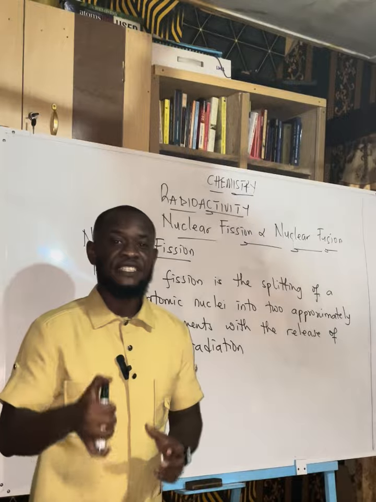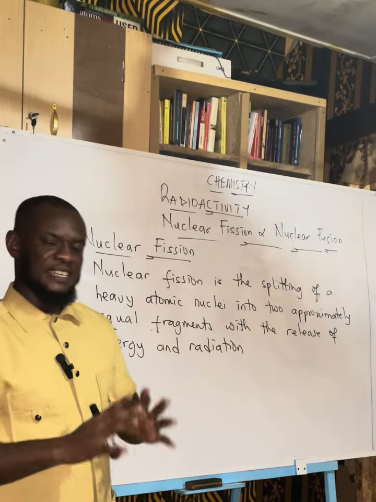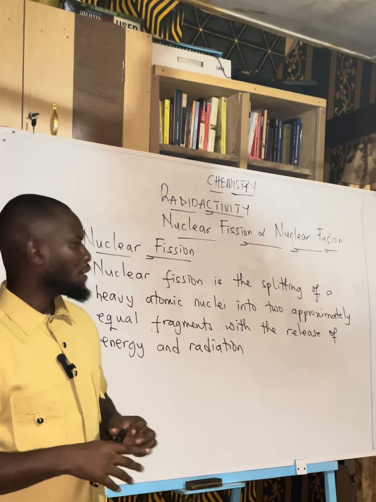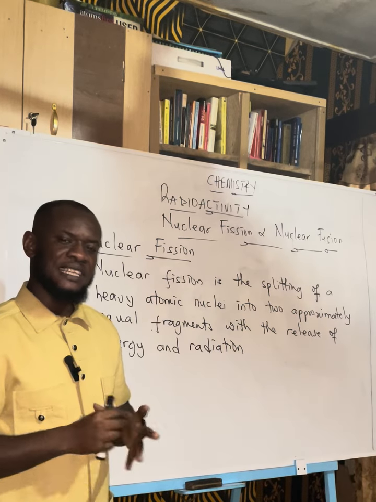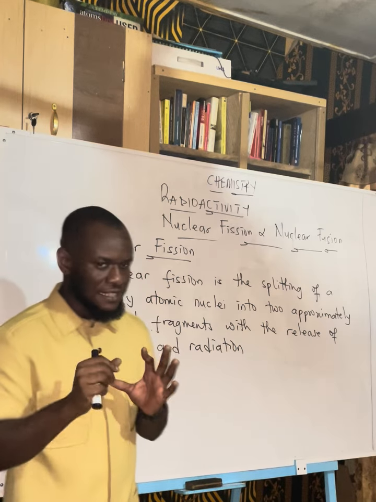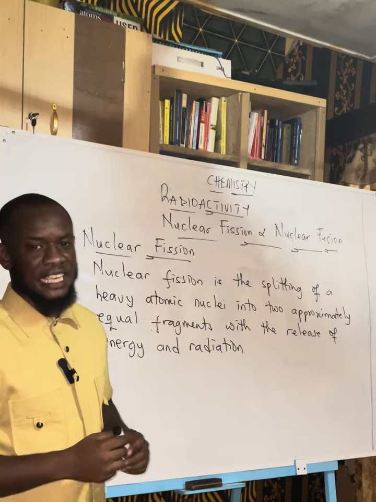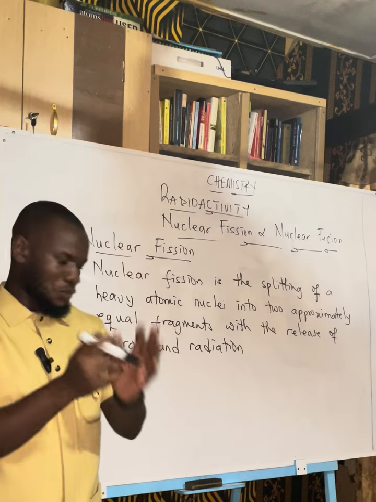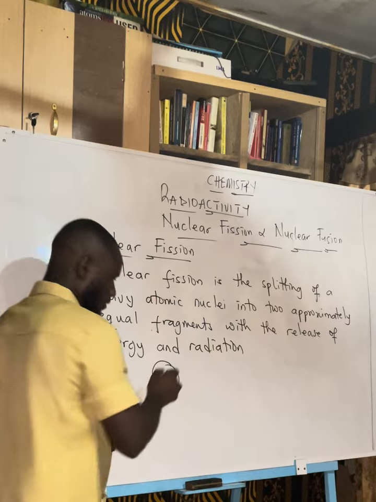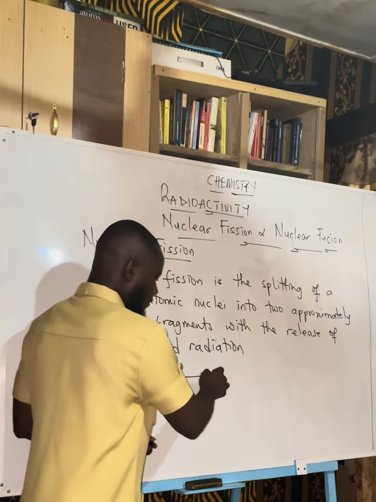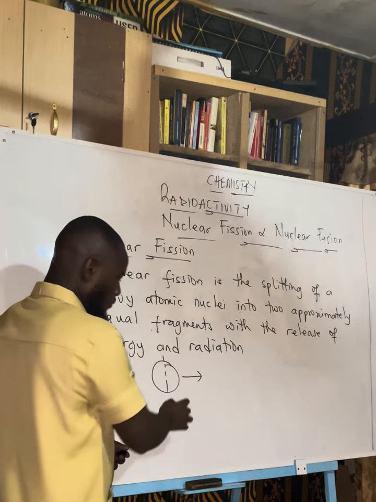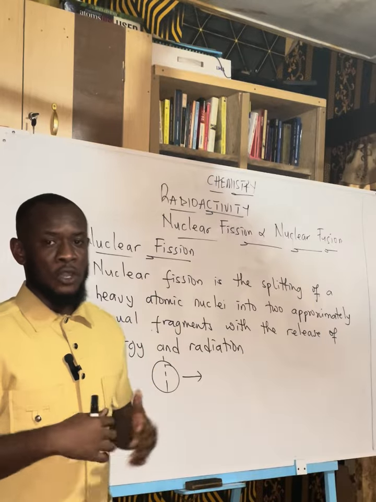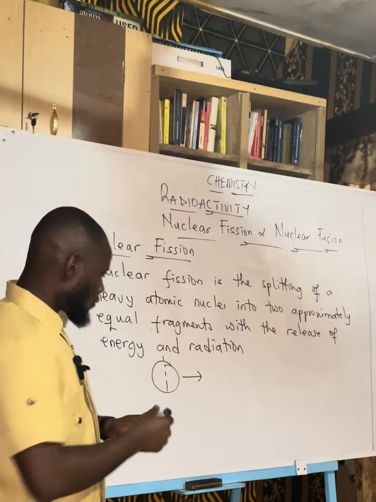So nuclear fission here, as we are saying, is the splitting of a heavy atomic nuclei into two approximately equal what? Fragments with the release of what? Energy and radiation. So now, when you have a heavy nucleus, and this heavy nucleus is splitting into two approximately equal parts. We are not saying they have to be exactly equal, but we are saying they are approximately equal.